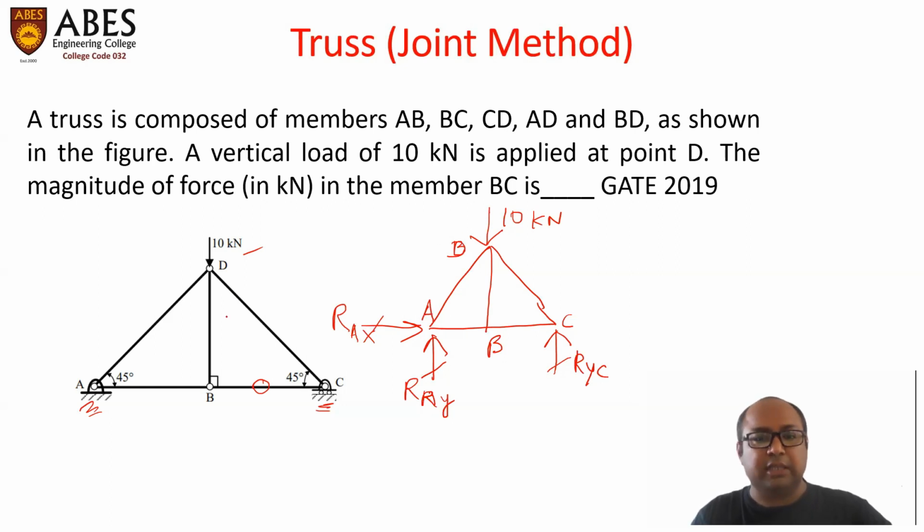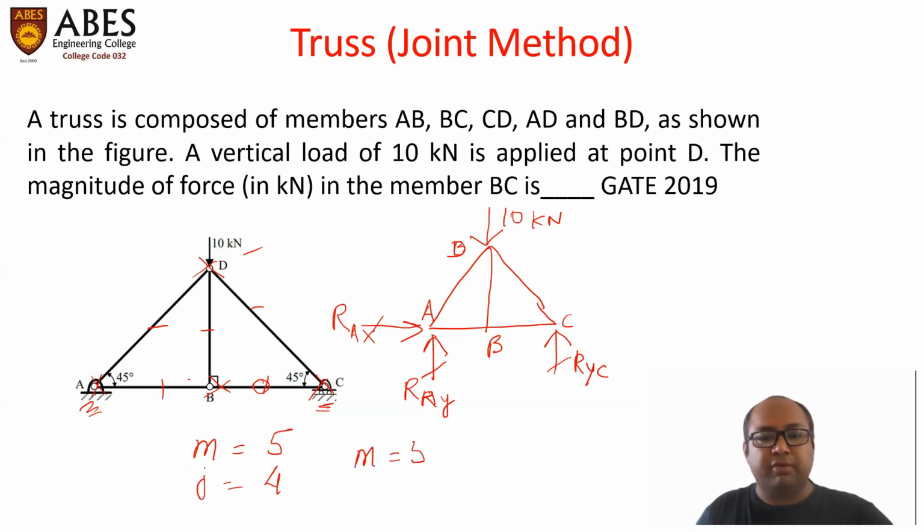Okay, so we'll check each part in the formula. M, how many members are there? 5. You can count one by one: 1, 2, 3, 4, and 5. How many joints are there? You can see 1, 2, 3, 4. So J equals 4.